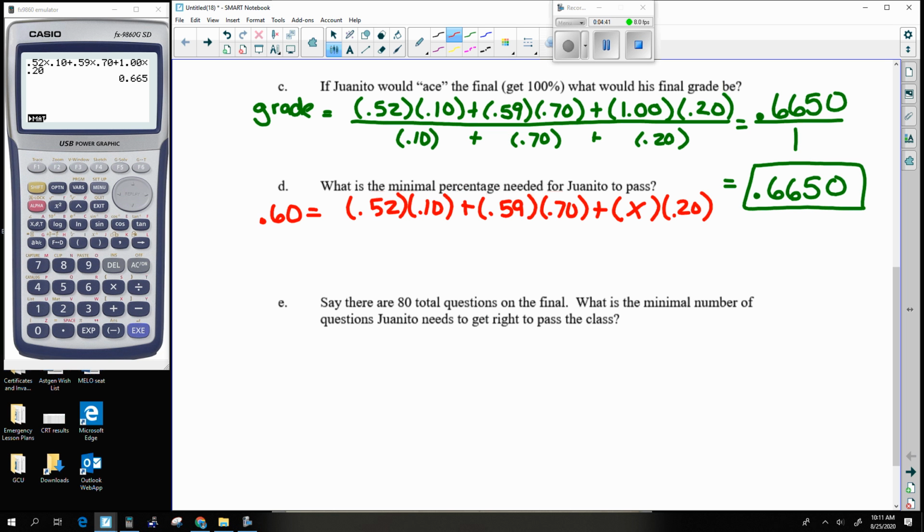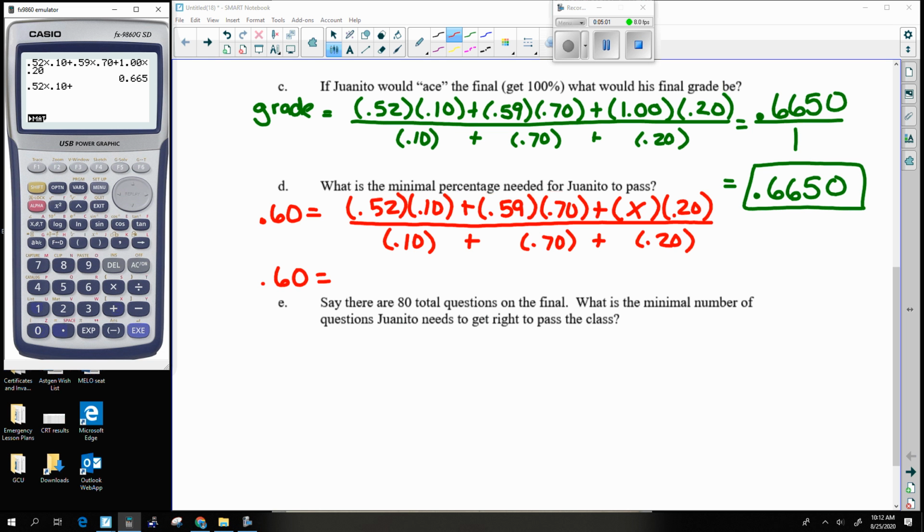So it's going to be X. Divided by just the weights. So the numbers are 52 with 10 and the 59 with 70.